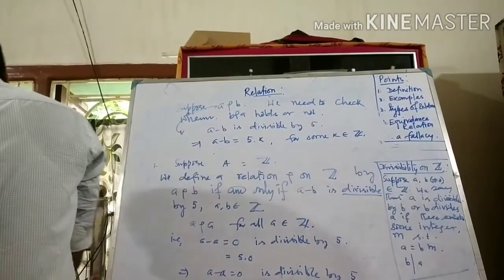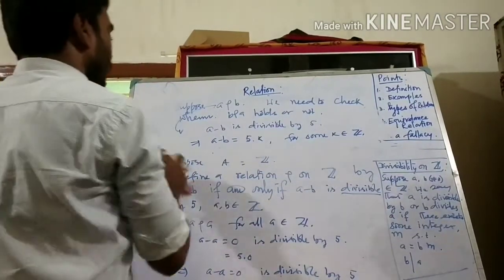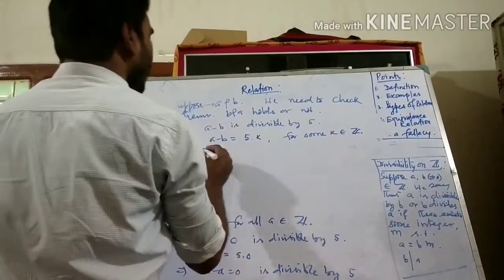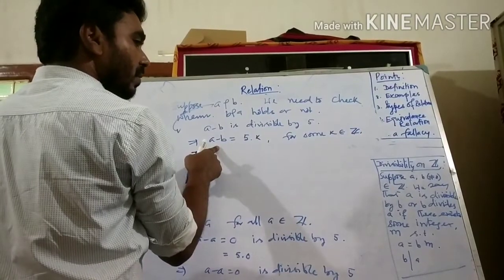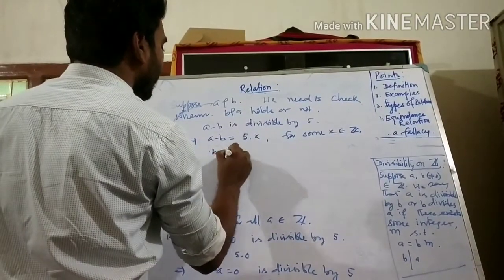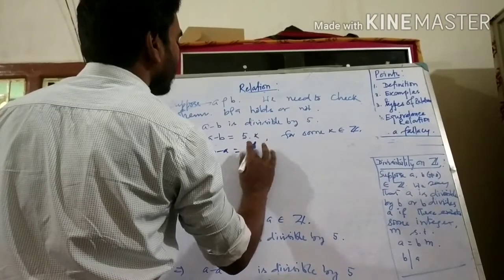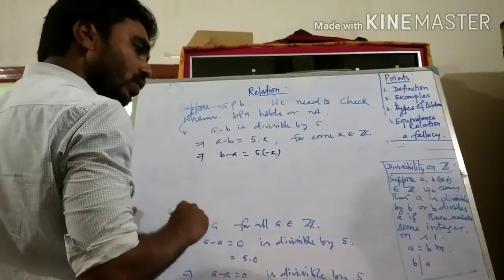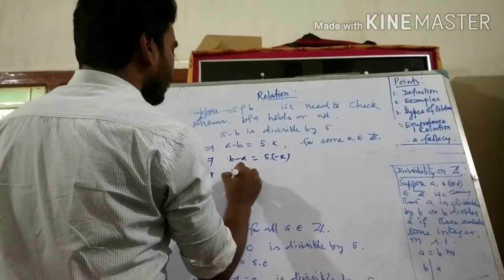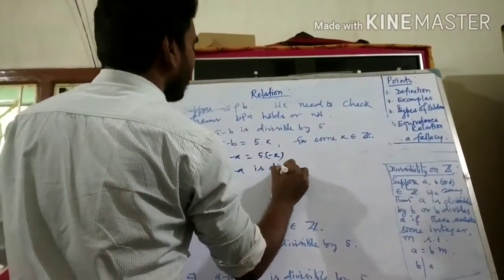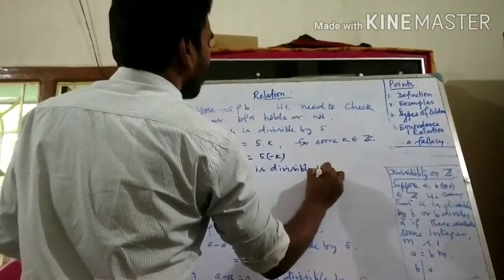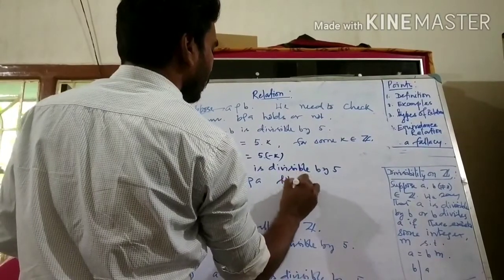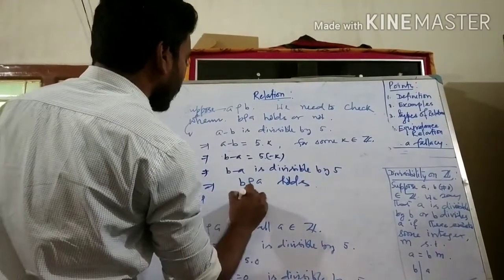For that, multiply both sides by minus 1. So we get B minus A is equal to 5 into minus K. Since K belongs to Z, minus K is also an integer. That means B minus A is divisible by 5, that means B rho A. And this implies rho is symmetric.